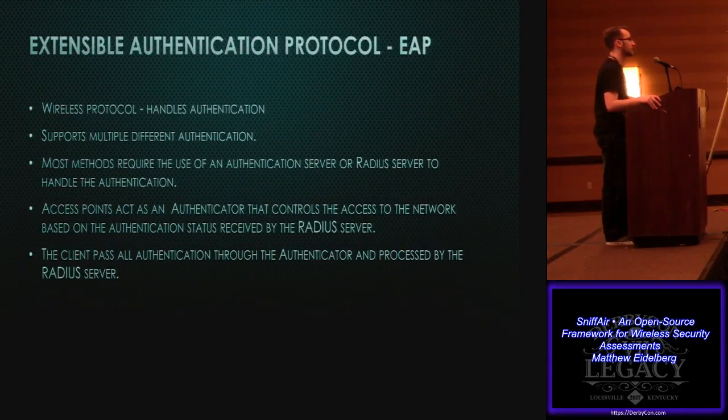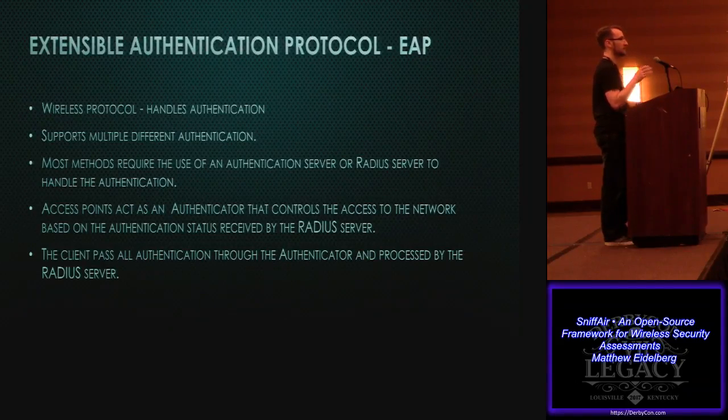The last set is the authentication protocol, EAP. This protocol, as I mentioned, handles the authentication for wireless. There are multiple different types of EAP, but most commonly a RADIUS server is used to handle authentication instead of the access point itself.